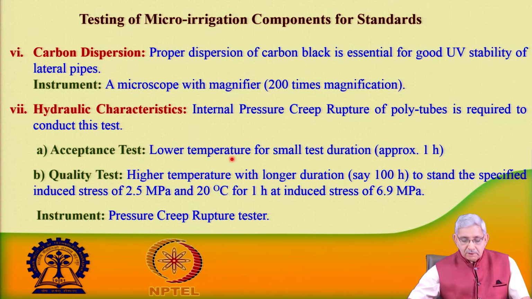For the acceptance test, a lower temperature for a short test duration of about 1 hour is used. For the quality test, a higher temperature with a longer duration of about, say, 100 hours is used, to withstand the specified induced stress of 22.5 megapascal, and 20 degrees Celsius for 1 hour at an induced stress of 6.9 megapascal. This is for the pressure creep rupture tester.